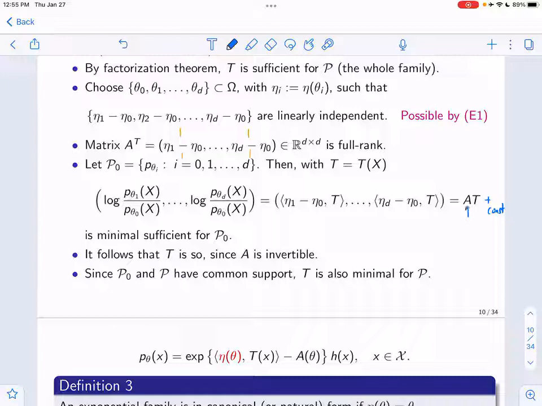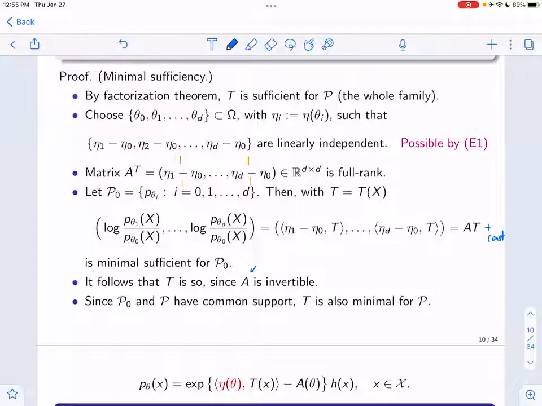A is invertible, and so this is in one-to-one correspondence with T. It's in bijection. So invertibility of A follows from the fact that we managed to construct this set of linearly independent vectors, which follows from the non-emptiness of the interior assumption. So A is invertible, so T is in one-to-one correspondence with the minimal sufficient statistic. So T is minimal sufficient for the subfamily P naught, and so T is going to be minimal for P as well. Sounds good.